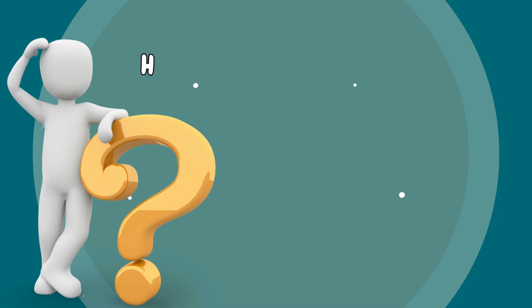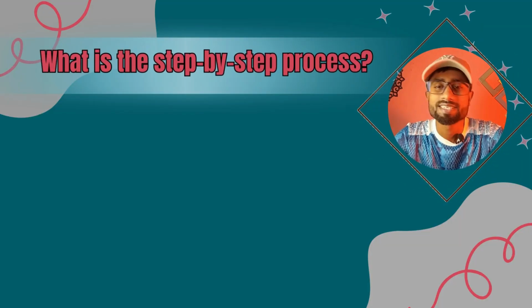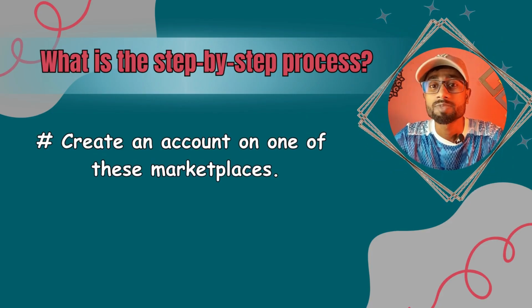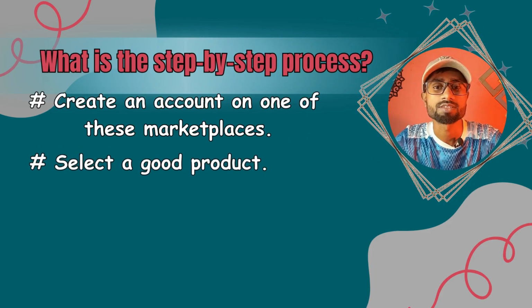Now let's get into how does POD work step by step. There are many marketplaces that provide POD services such as Printful, Teespring, Redbubble, and many more. Now, what is the step-by-step process? First, create an account on one of these marketplaces. Second, select a good product.